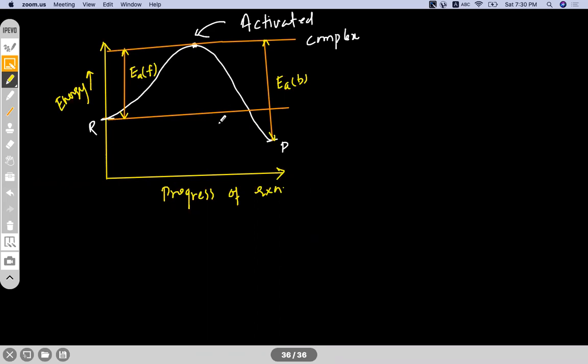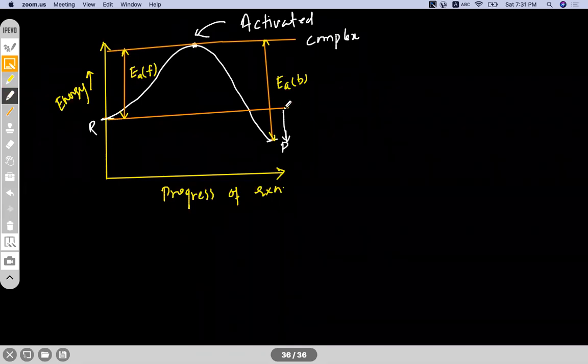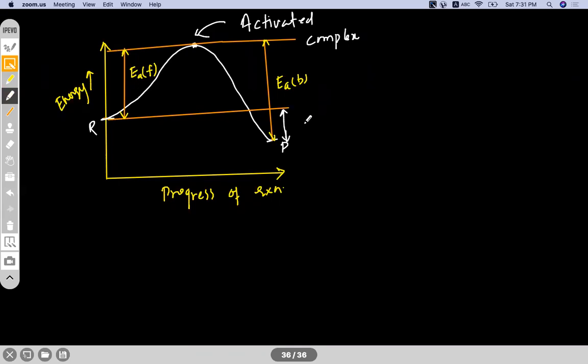And this energy gap from the reactant to the product is called the enthalpy of the reaction, delta H or delta E. It is defined as the activation energy for the forward reaction minus the activation energy for the backward reaction.